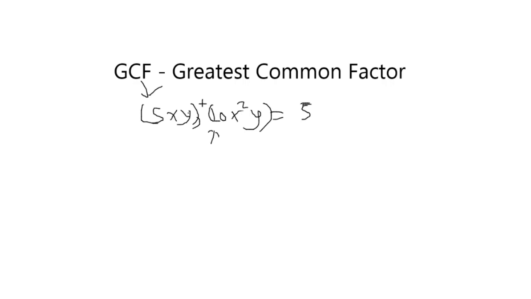We're going to factor this out, so we have 5, the greatest common factor, and x and y. Those are the greatest common factors. We separate and just divide by 5xy. So 1 plus 2x. That's it. If you use the distributive property, you can get the same answer.